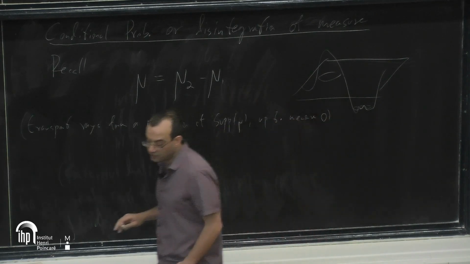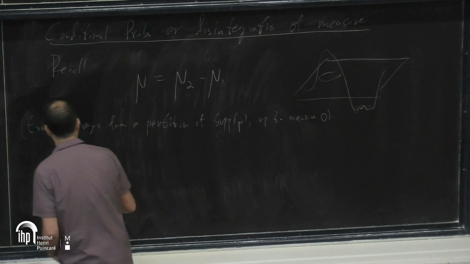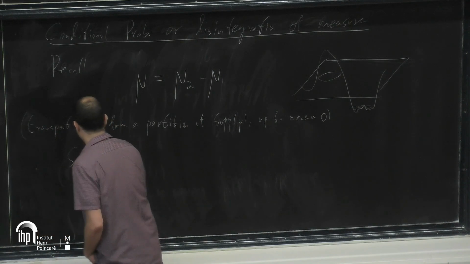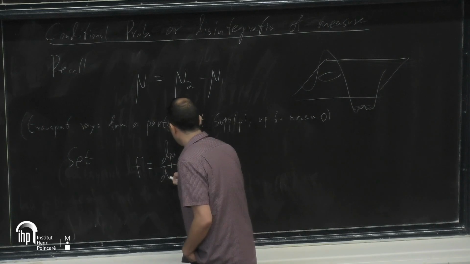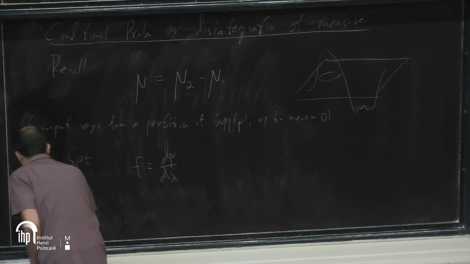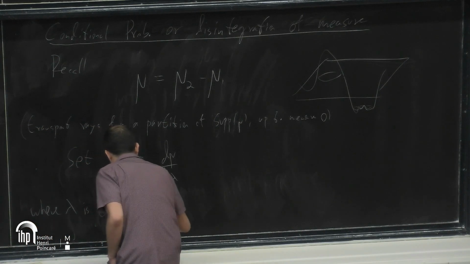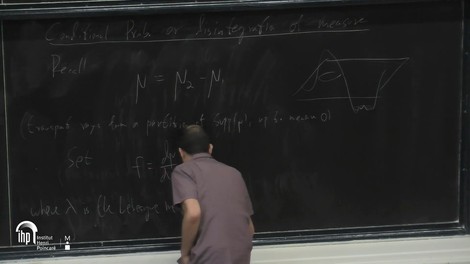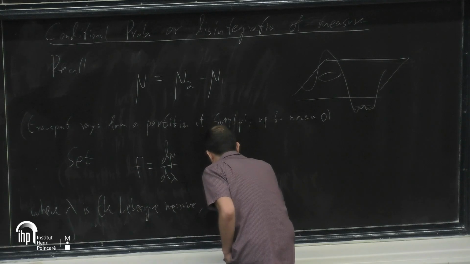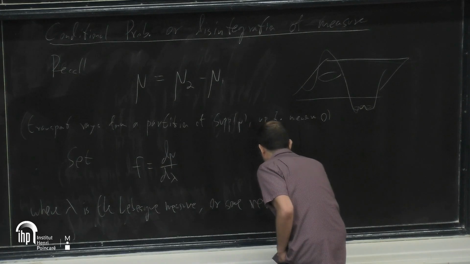Now it will be convenient to fix some ambient measure lambda. So let's set f to be the density of mu with respect to lambda, where lambda is probably the Lebesgue measure on Rn, or maybe some fixed reference log-concave measure on Rn.